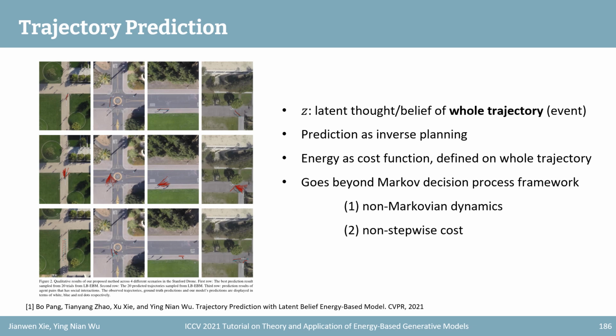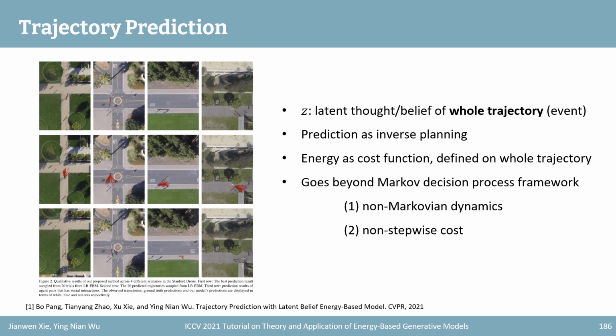Another important application is trajectory prediction. Suppose we want to predict the trajectories for multiple pedestrians. Here again, we can use a latent z as a thought vector or a belief vector for the whole trajectory, so it generates the whole trajectory. Then we can treat this prediction problem as an inverse planning problem.